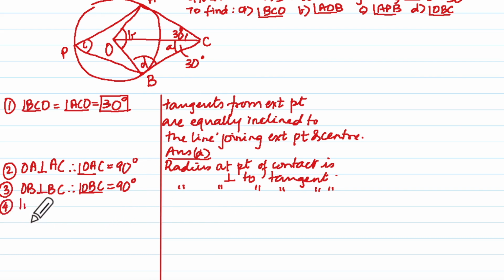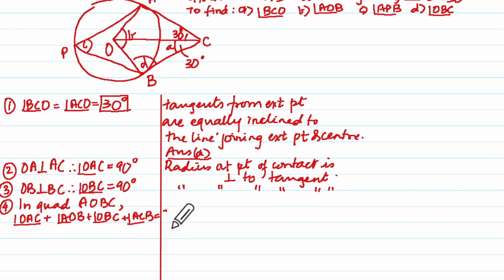Then the fourth one: in quadrilateral AOBC, angle OAC plus angle AOB plus angle OBC plus angle ACB equals 360 degrees, since angles of a quadrilateral add up to 360 degrees.